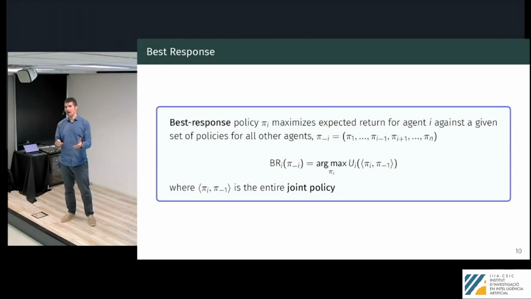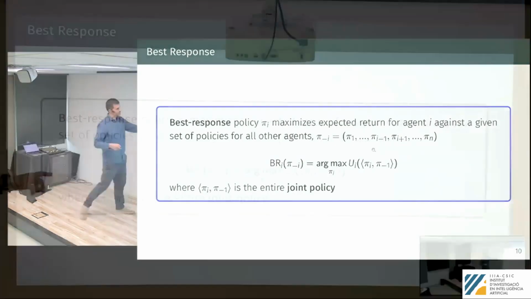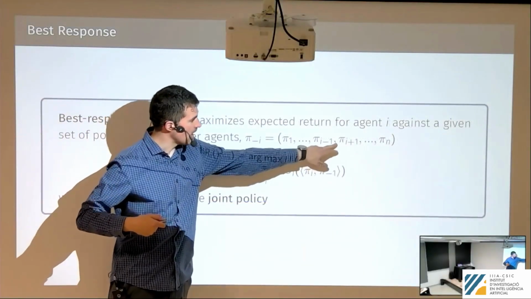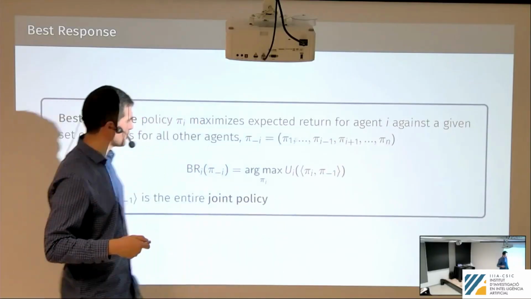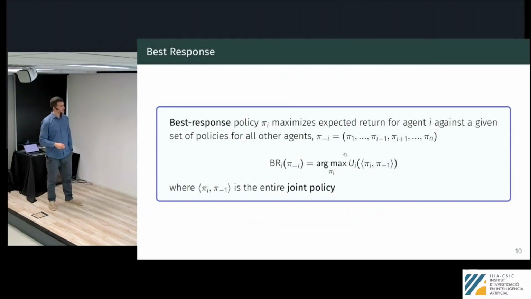That's what we mean by minus I. And so it's defined as here. You see, we go through all the agent numbers except I is left out. And so a best response policy is a policy against that particular set of opponent policies which maximizes the expected return for agent I.